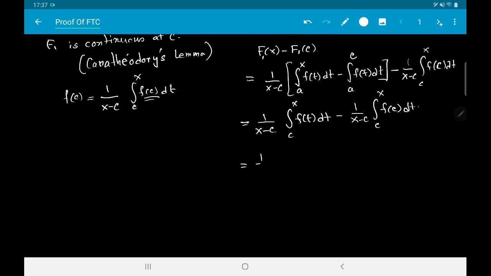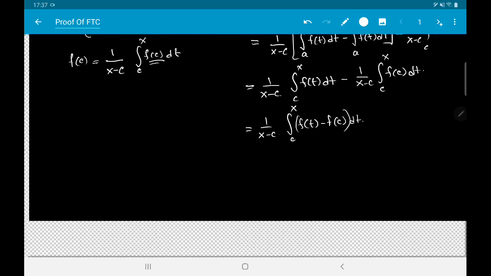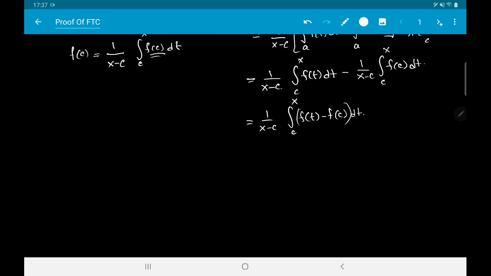So then this is 1 by (x minus c) times the integral from c to x of (f(t) minus f(c)) dt. I hope you are following, and this is exactly how we wanted things to go. You will see in just a while.